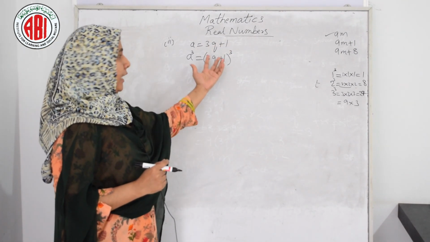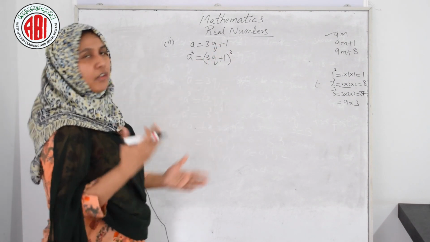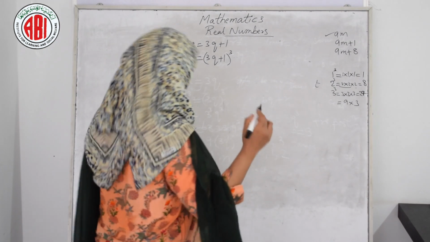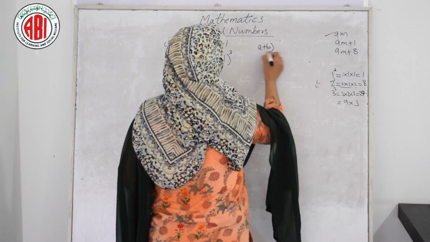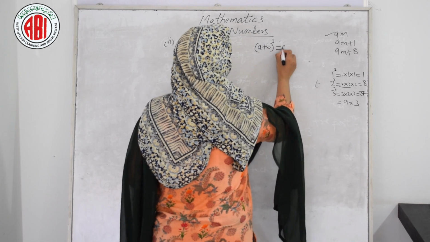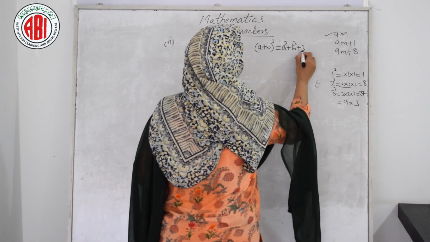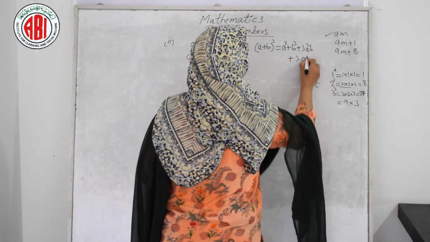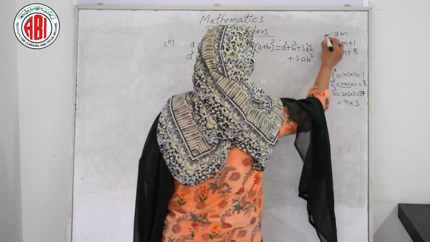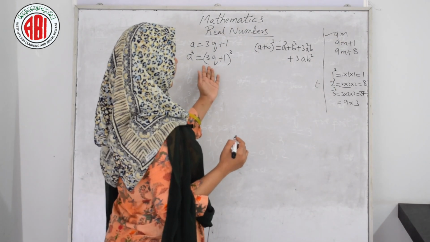It is an identity of the form a plus b whole cube. You have to recognize the identity, that is a plus b whole cube is nothing but a cube plus b cube plus 3a square b plus 3a b square. This is an identity we have to use here.